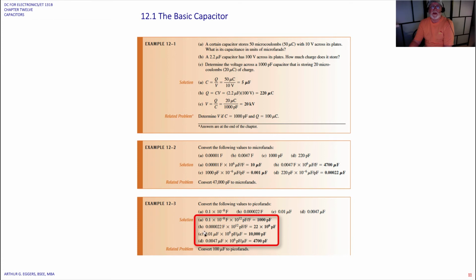In part B, 0.00022 farads, again, 10 to the 12th picofarads per farad gives us 22 times 10 to the 6th picofarads. Again, you can run this through your calculator, or you can pull out a piece of paper and do your cancellations and your unit values with the exponentials to make this happen.